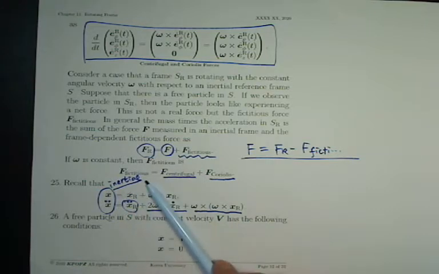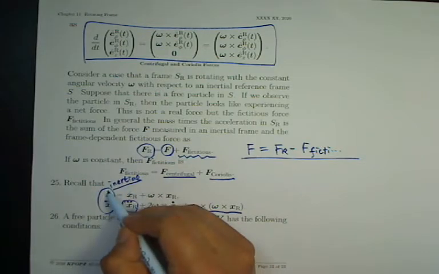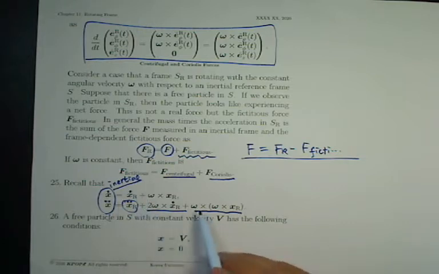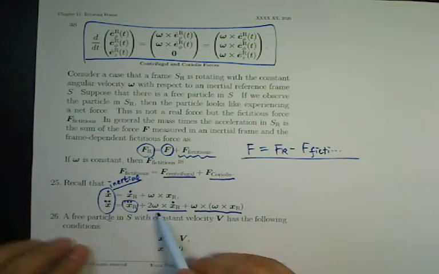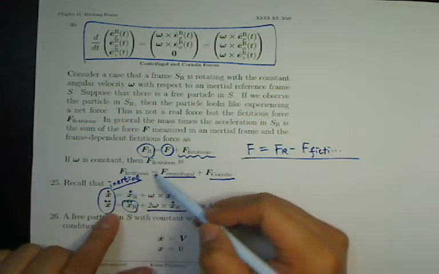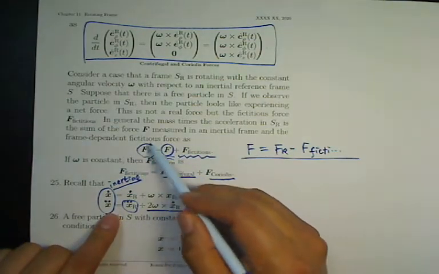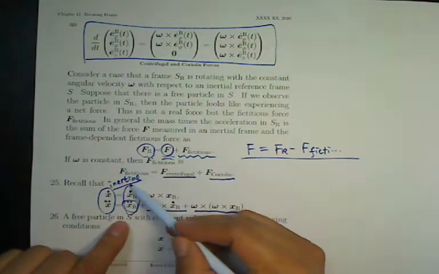In the inertial frame, we have just derived that the velocity and acceleration measured in the inertial frame can be expressed in terms of the velocity and acceleration in the rotating frame plus the effect of the rotation of the frame itself.